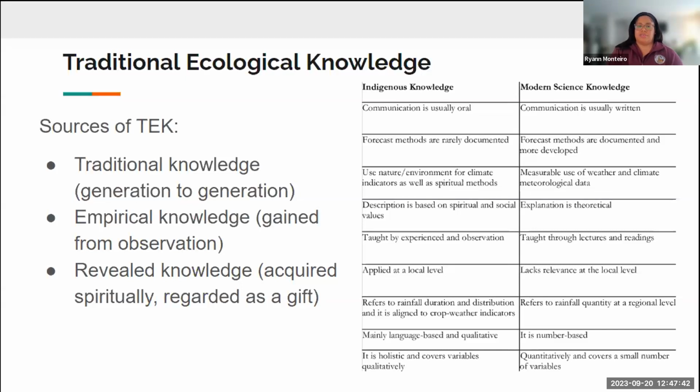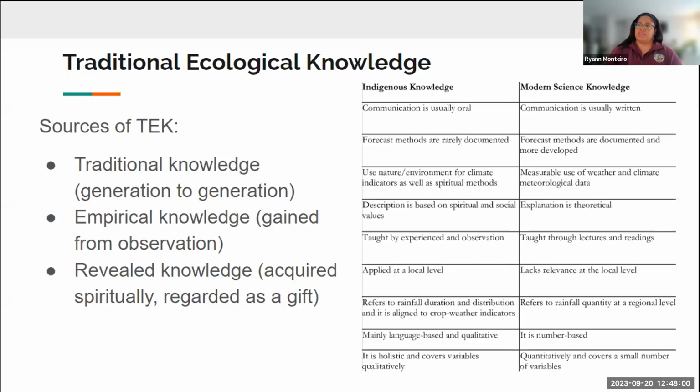So when we talk about dreams, visions, things of that sort, that's not really valued in Western society, and certainly not in academia at this point, but it is very highly regarded in indigenous culture.